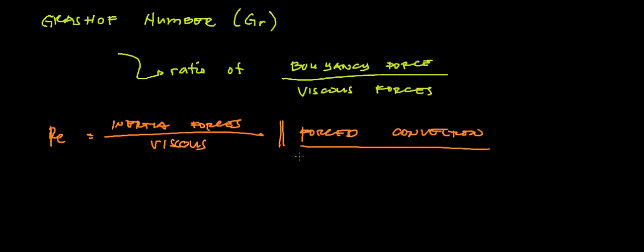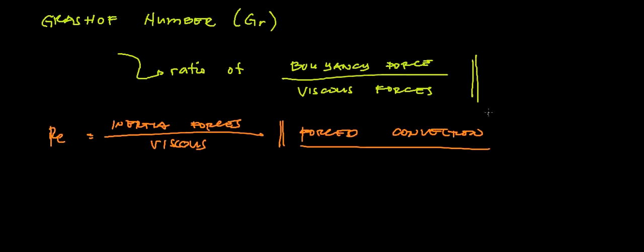And if you remember, we tackled this application last time by having the tables of these dimensionless numbers. So the Reynolds number is the one being applied for forced convection, having the ratio between the inertia forces to the viscous. While the Grashof number is the ratio between the buoyancy forces and the viscous forces.